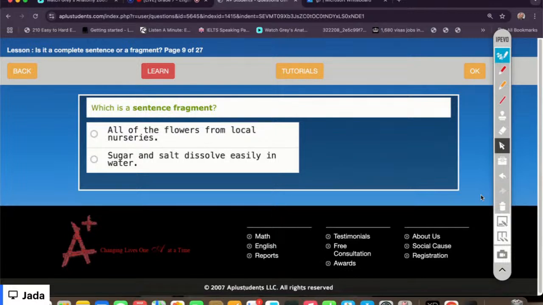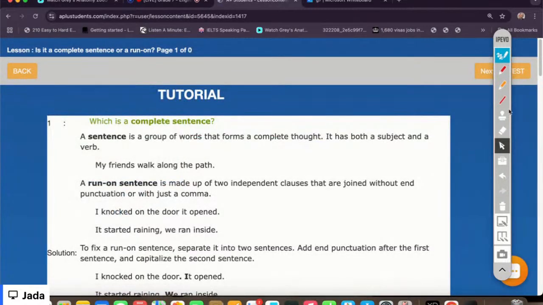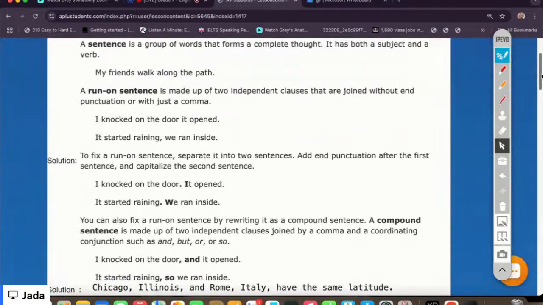Alright, so that's it with this first lesson: is it a complete sentence or fragment? We'll move on to the next one. Is it a complete sentence or run-on? If you haven't done the first one, you have to try to complete it, okay? All right.